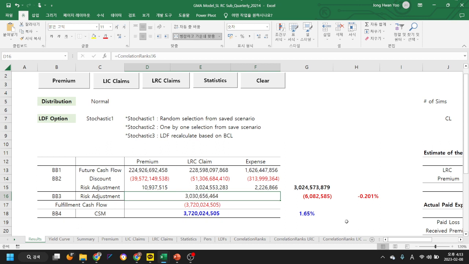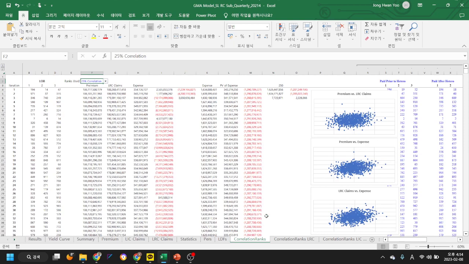It is all related. So when it says correlated, when we try to estimate the risk adjustment, how can we apply the correlation? There is a certain technique where we apply rank correlation. That's what I did here.